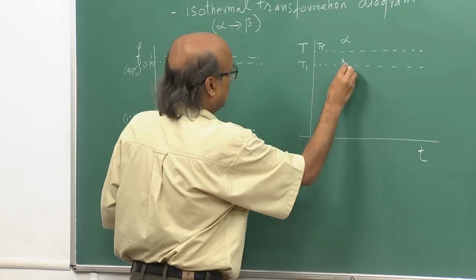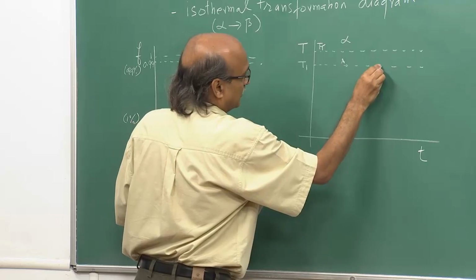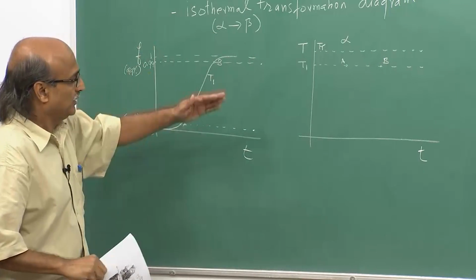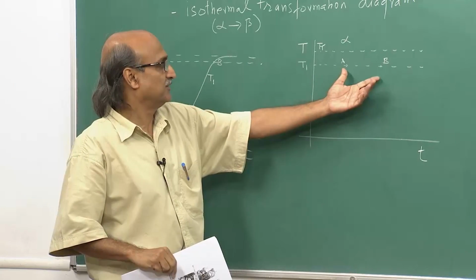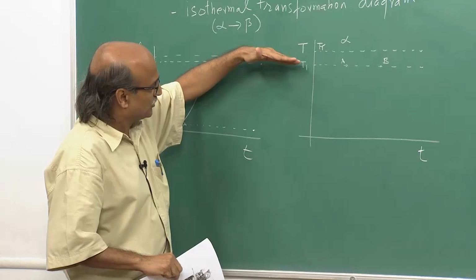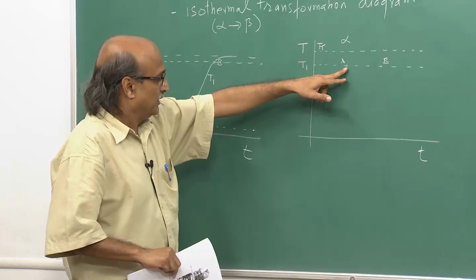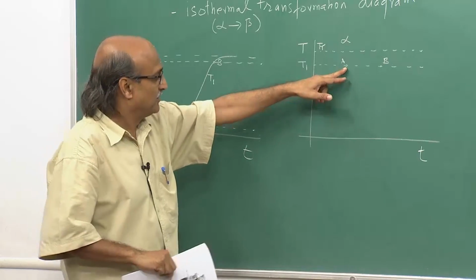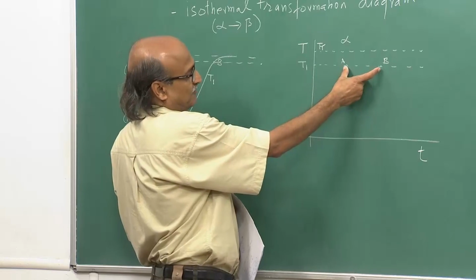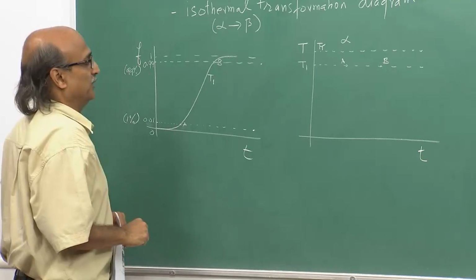Then on the same temperature T1 line, I will have another point B. So, what these 2 points are telling me is that if I keep the transformation temperature as T1, the transformation is 1% complete when this much time elapses, and then when further this much time elapses, the transformation is 99% complete.